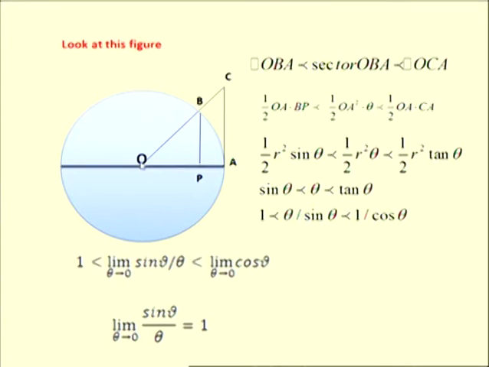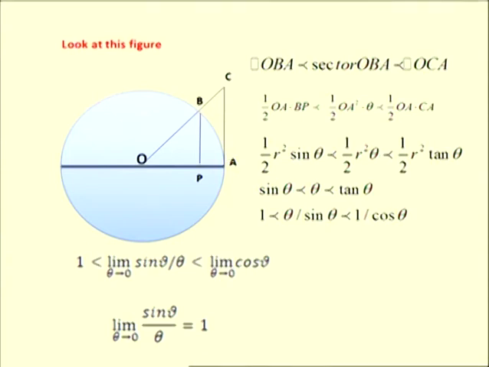Also, when we use OBA as a sector, the area of this sector is greater than the area of the triangle OBA. And the area of the triangle OCA is greater than the area of this sector OBA.